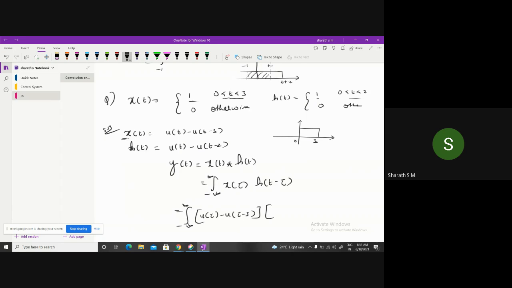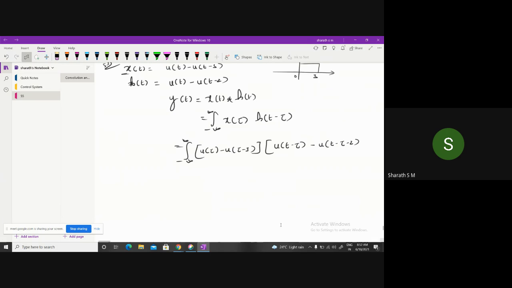Wherever we have the variable t, we replace it by t minus tau in the h of t equation: u of t minus tau minus u of t minus tau minus 2.